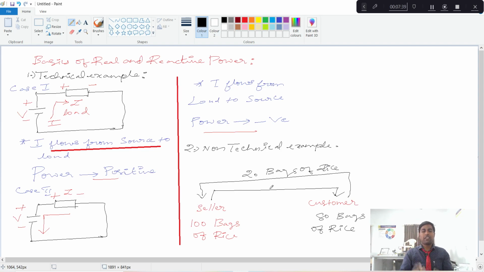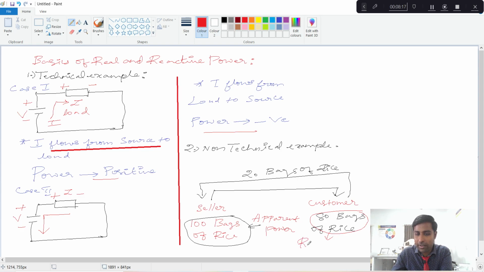You assume that this is the scenario, and you can easily relate all these things to the power in an electrical network. How can this be related? I'm going to relate these 100 bags of rice, I can call it apparent power. And these 80 bags of rice, I can call it real power.